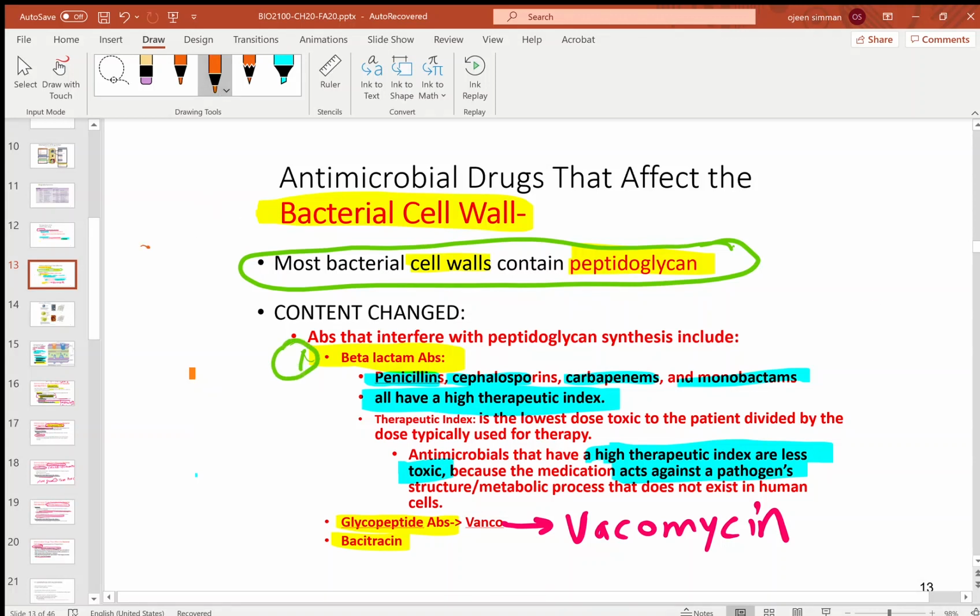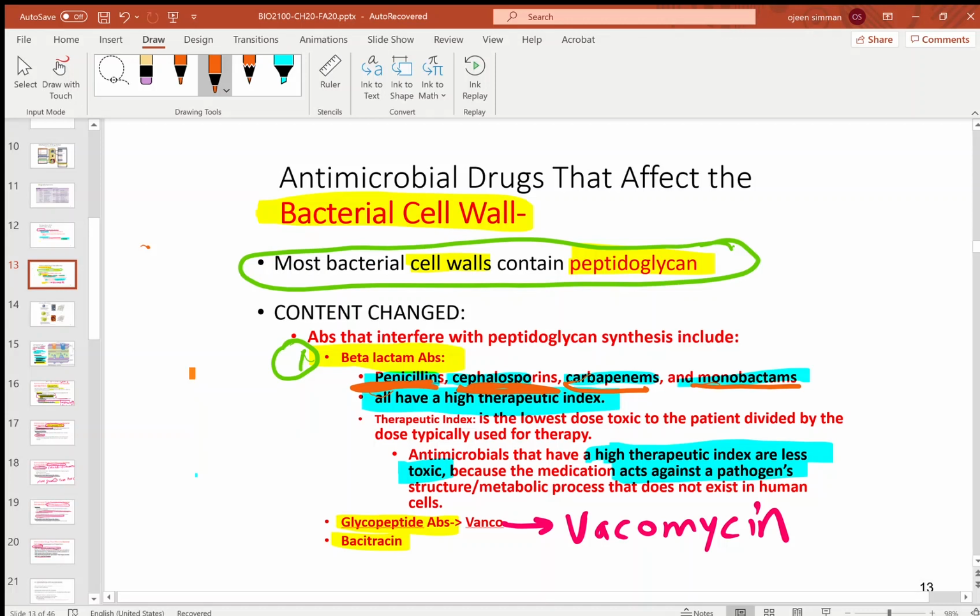These are groups of antibiotics that have a beta-lactam ring. What's considered a beta-lactam class? Penicillins, cephalosporins, carbapenems, and monobactams.